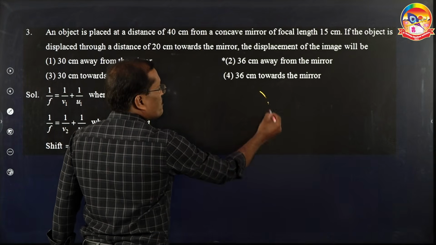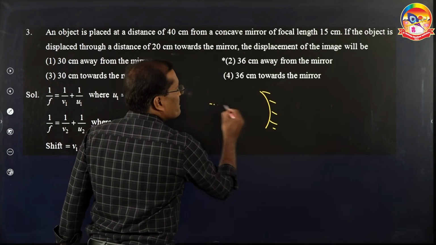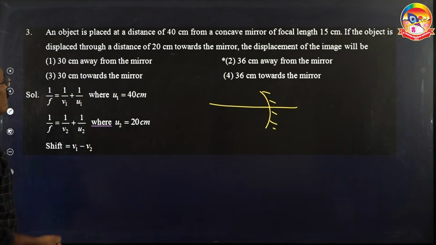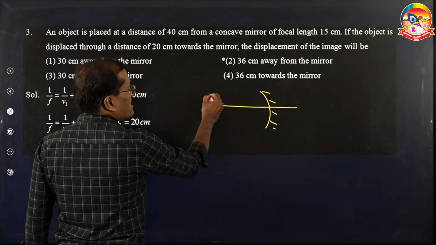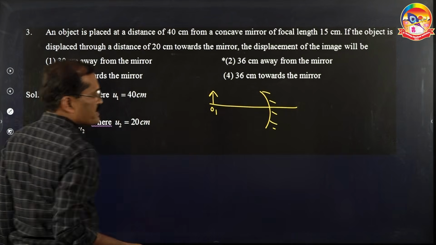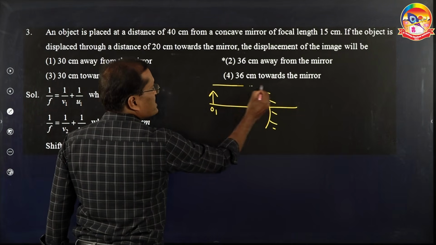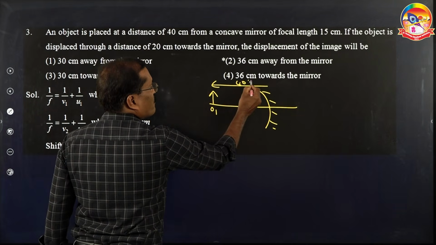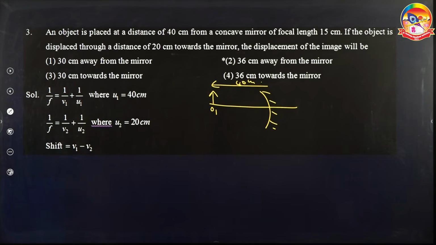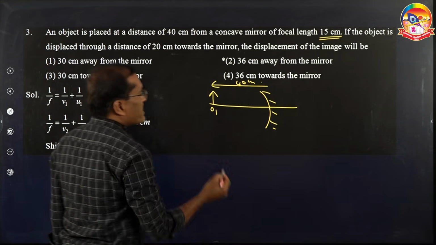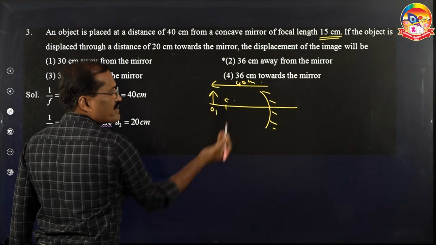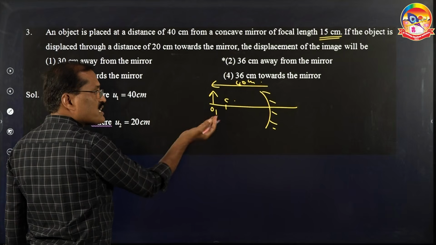For the first case, this is a concave mirror, and I am leaving the simple calculations to you. The object was first at a distance of 40 centimeter, this is the first position of the object, children, 40 centimeter. So where will be the image? Because the focal length of this mirror is only 15 centimeters, the object is beyond the center of curvature.